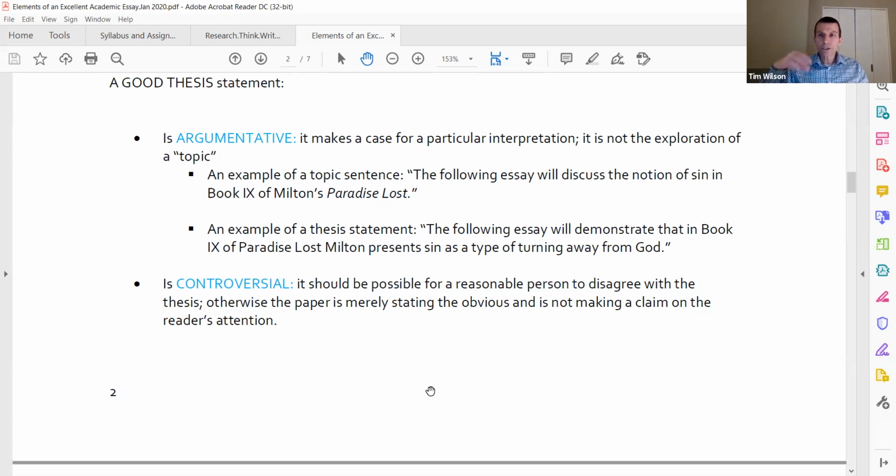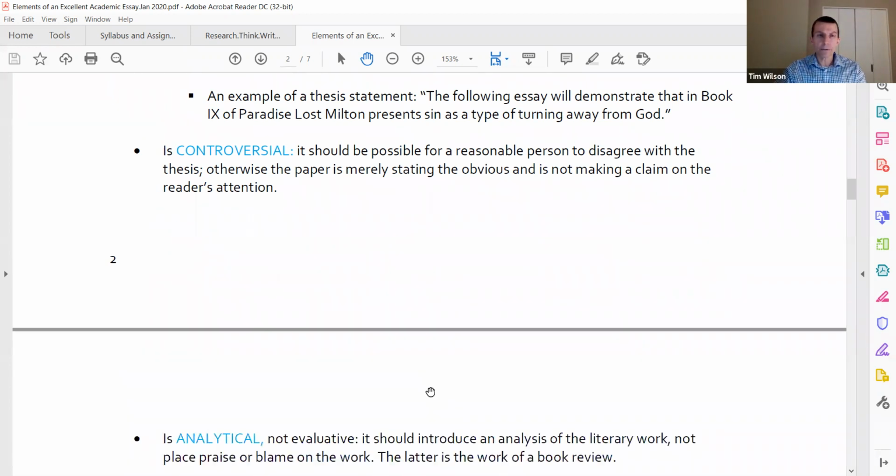And you're going to say, well, no, this is my view, and I'm going to show it by looking at Book 9, the way Eve and Adam do this. And when you look at that, you get evidence. And remember, our evidence are primary texts and secondary texts. So it's controversial. It's possible for a reasonable person to disagree with it.